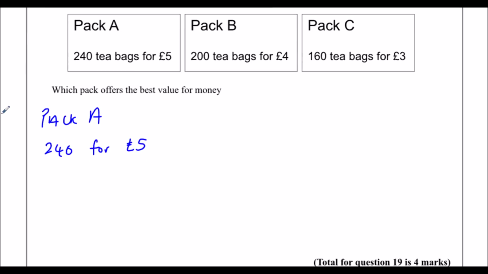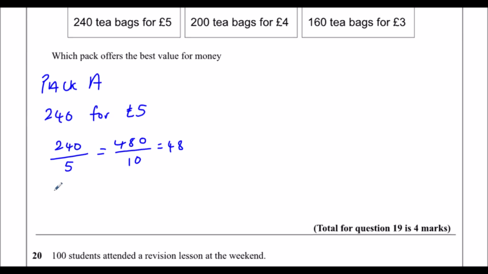So if I divide that by 5, 240 divided by 5 is the same as 480 divided by 10, which is 48. So it's 48 for £1. So pack A is 48 for £1.